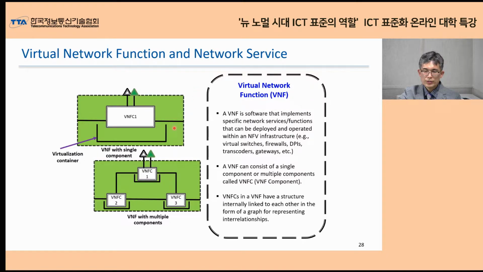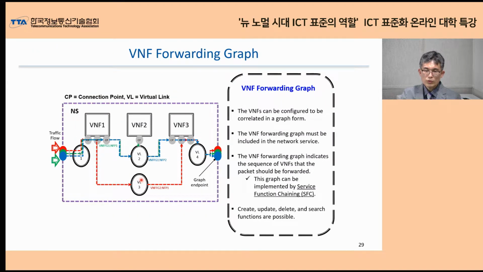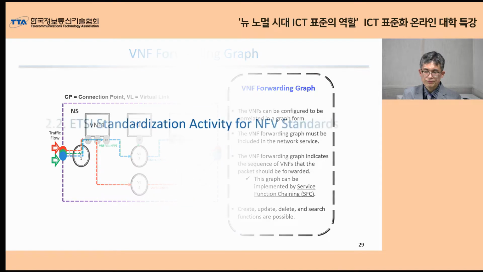This figure shows that one virtual network function can have one virtual network component, or we can make more components. VNFs can also be interconnected using service function chaining. The IETF developed service function chaining, which defines how to interconnect VNF functions.